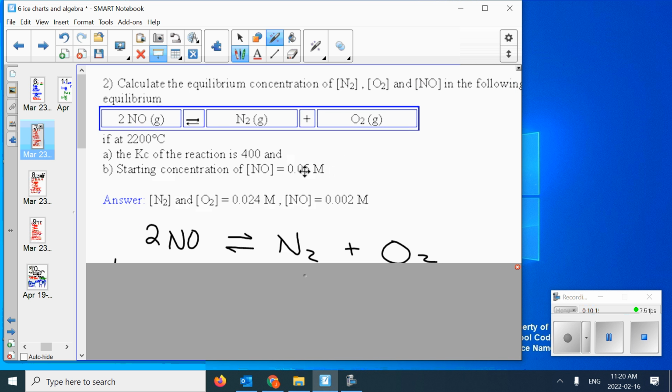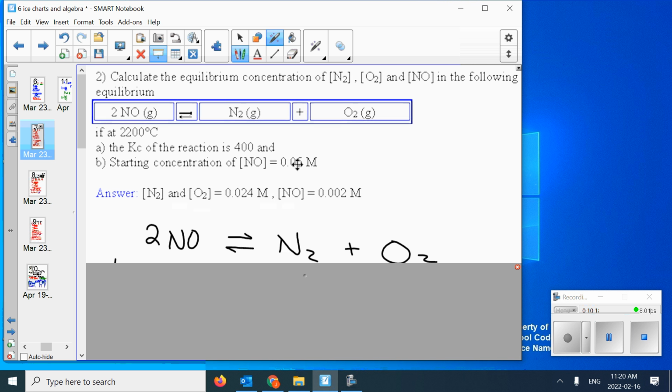Is this big enough? That's about as big as it gets.